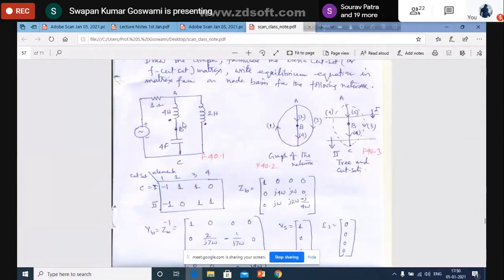Since the direction of currents is the same, the mutual impedance will be positive, because here we are showing the mutual coupling in the form of some impedance. While we drew the equivalent circuit for the mutually coupled circuit, the mutual coupling was shown in the form of some induced voltage. Here we are representing it in the form of some impedance.